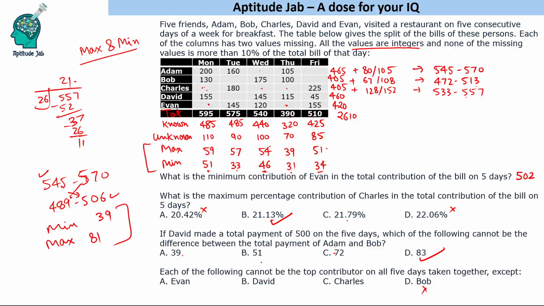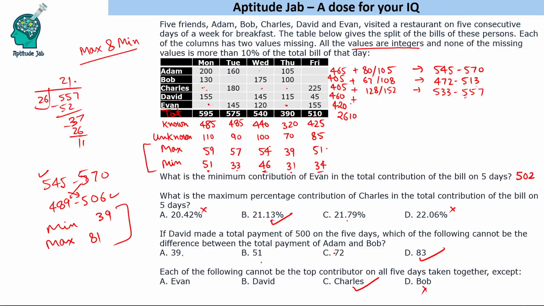He can be less than that also, right? So that is why Charles can possibly be the highest contributor. So just mark your answer and move on, because it's a waste of time in the examination to check all this. We have just figured out that his highest value can be more than the lowest value of the other. Earlier it was not possible because his highest was even less than this.